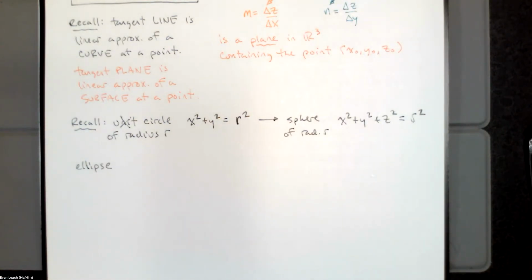Does anybody remember the equation for an ellipse, a squashed circle? It's a modification of our equation of a circle. Instead of thinking of an ellipse as a squashed circle, think about a circle as a symmetric ellipse.